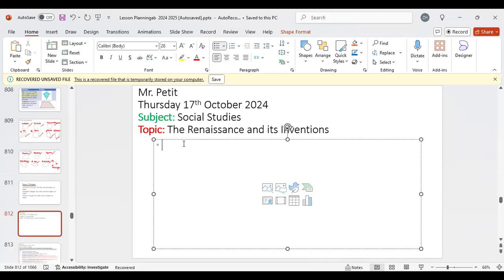All right. So what does Renaissance mean? Anyone remember what Renaissance means? Rebirth of knowledge. Yeah, rebirth of knowledge.